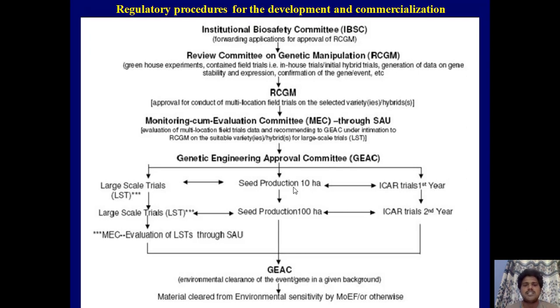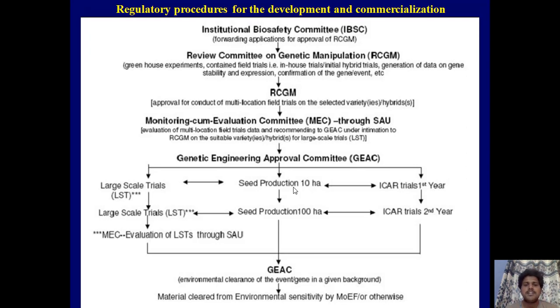Followed by that, monitoring cum evaluation committees through state agriculture universities. Here evaluation of multi-location field trial data and recommending to GEAC, under intimation to RCGM, suitable varieties or hybrids for large scale trials.